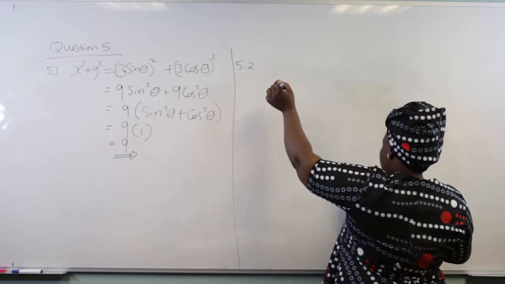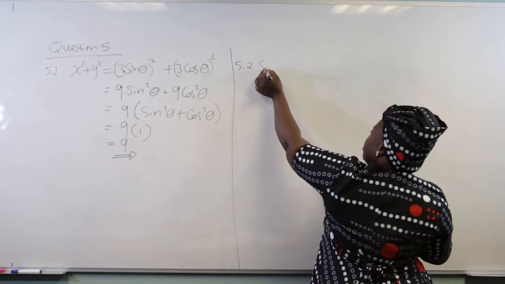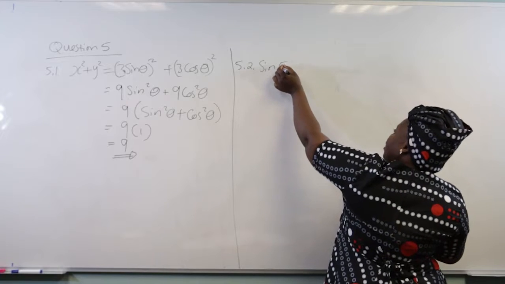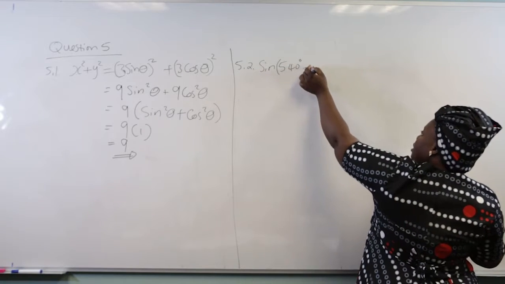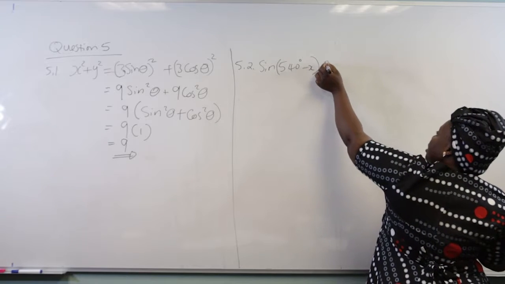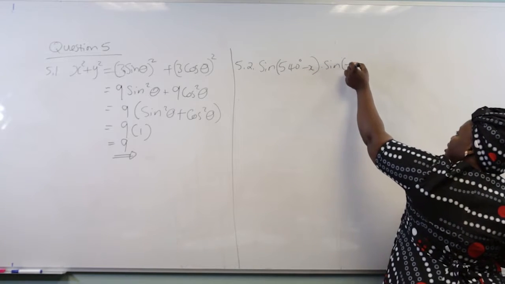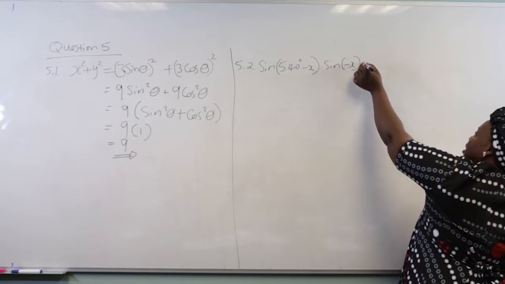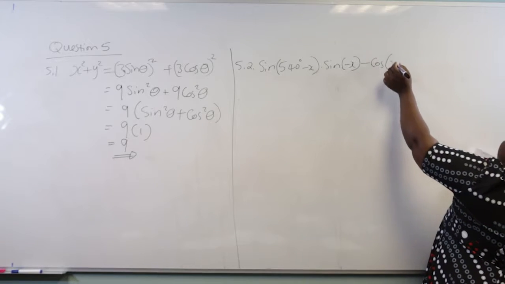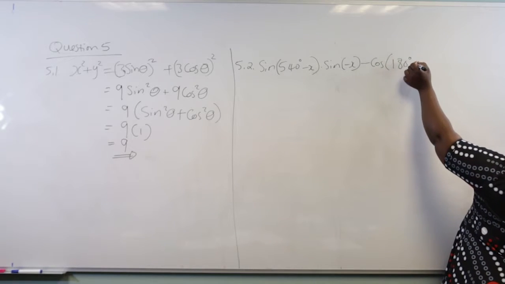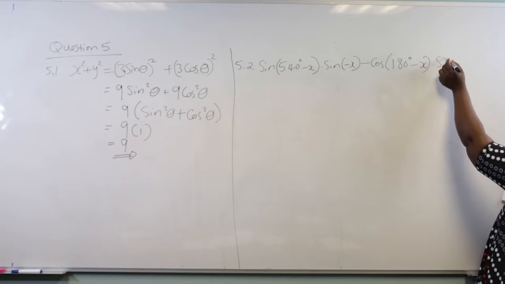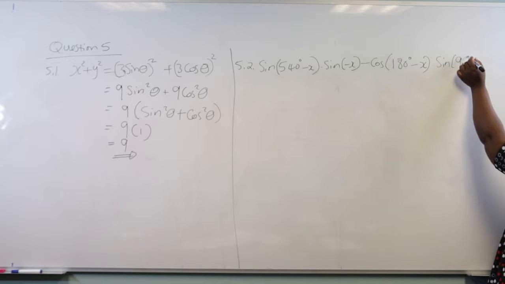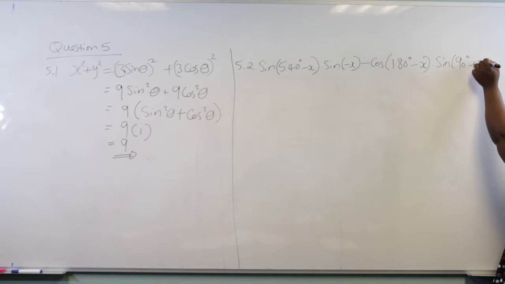Let's write it down so that we can be on the same path. It is sine of 540 degrees minus x, that's our angle, multiplied by sine of negative x, minus cos of 180 degrees minus x, multiplied by sine of 90 degrees plus x.